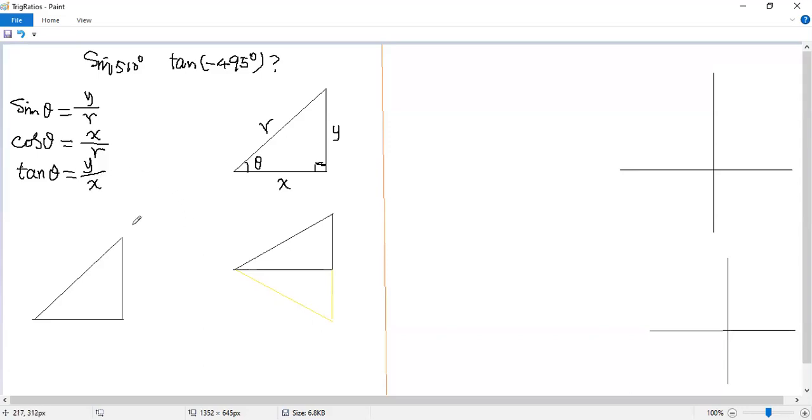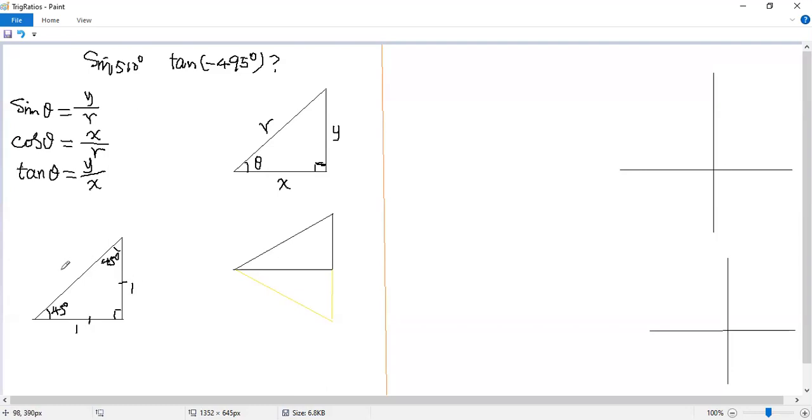Now let's look at two special triangles. The first one is 45 degree, 45 degree, and 90 degree. So you see, this leg and this leg are equal. So if you assume this one is 1, then this one is also 1.